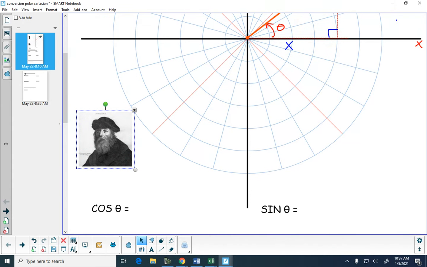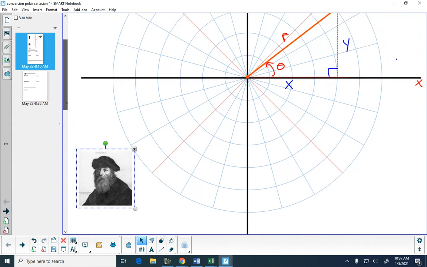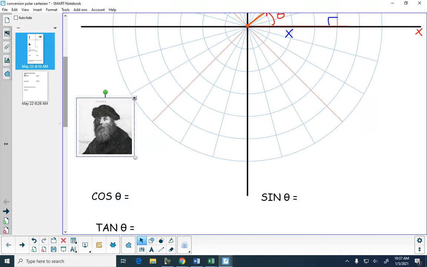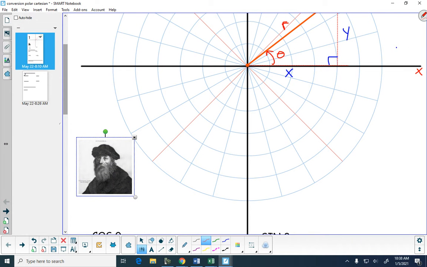If we look at our right triangle and our good old buddy Pythagoras, we can get relationships that will connect the r and the theta with the x and the y.